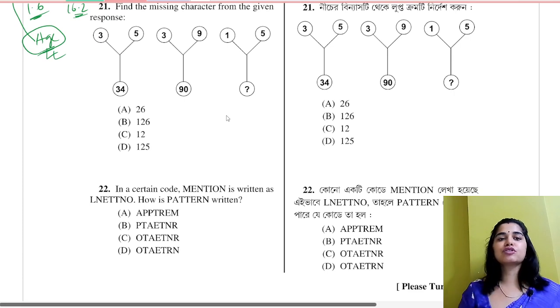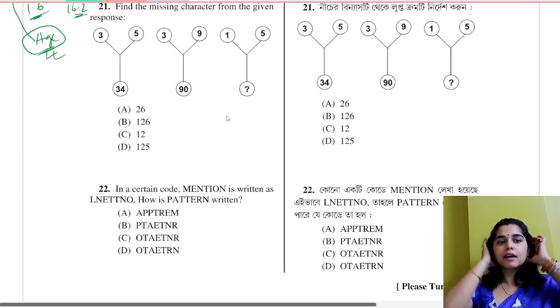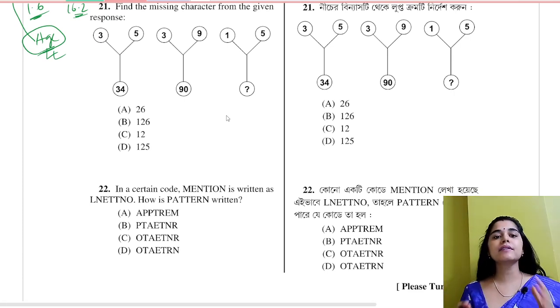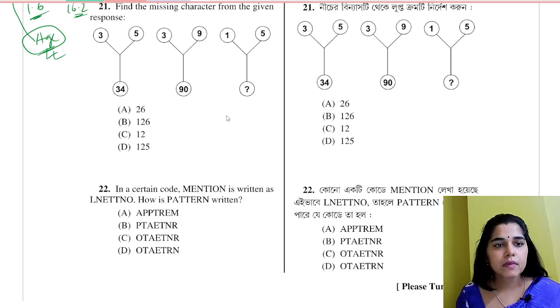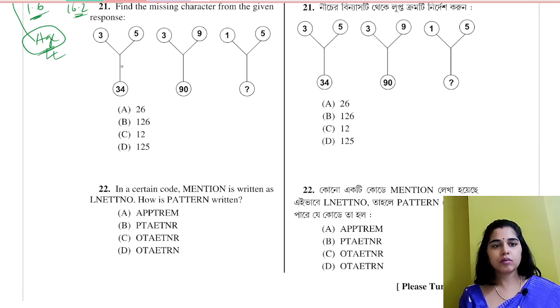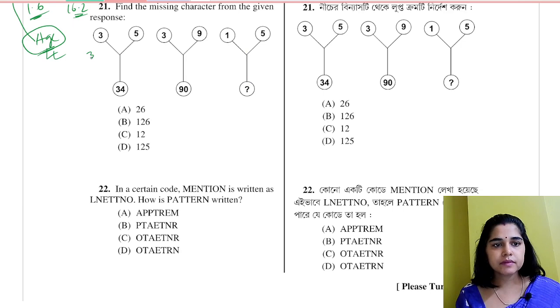Now the maths question. Again, one maths question has come. Find the missing characteristic from the given response. 3, 5, 34, 3, 9, 90, 1, 5. So 3, we can see here 3 squared, that is 9. 5 ka square, 25.